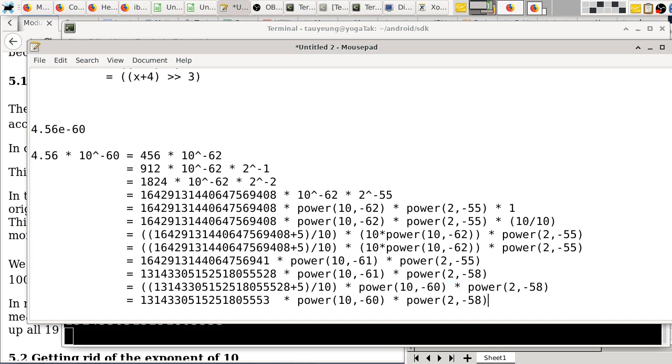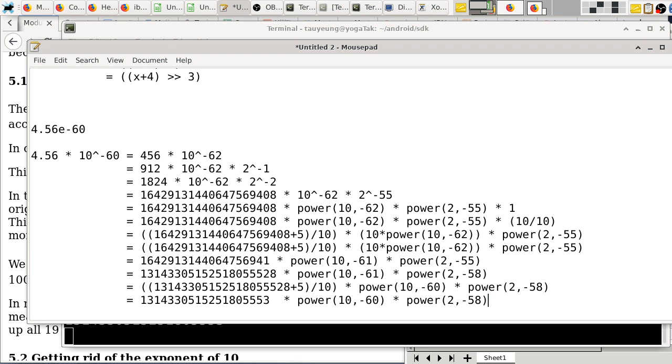Just to test, do you know what the next step is? Keep multiplying by 2 until it's less than 2 to the 64. Yep. With this one, multiplication by 8 is going to work again. So you multiply this by 8 and decrease the power of 2 by 3. Then you end up with a mantissa that is once again as large as we can get and still fits in 64 bits.